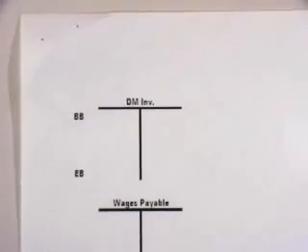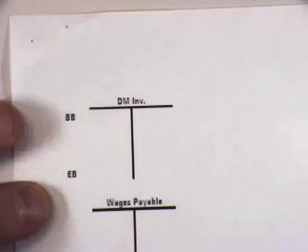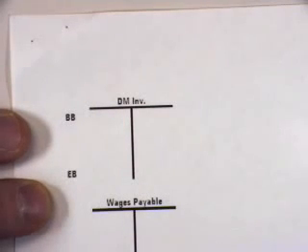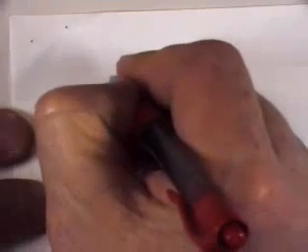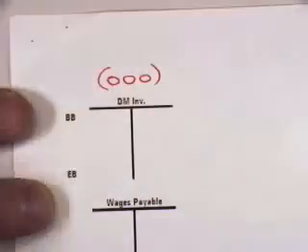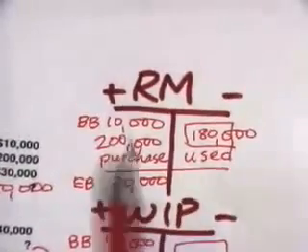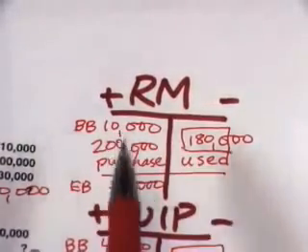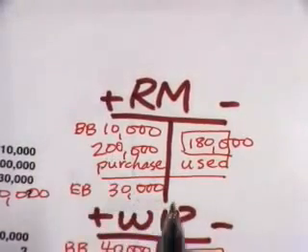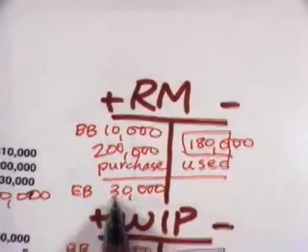So taking the information that was already provided for us regarding the T accounts for the inventories, let's say that I drop off the last three zeros, doing everything in thousands. I was told that the raw materials T account would look like this. Beginning inventory 10 plus 200 purchases minus 180 used gives me 30,000 ending.